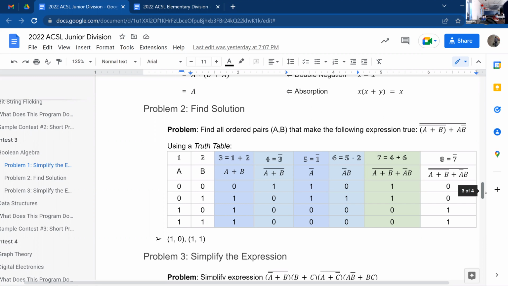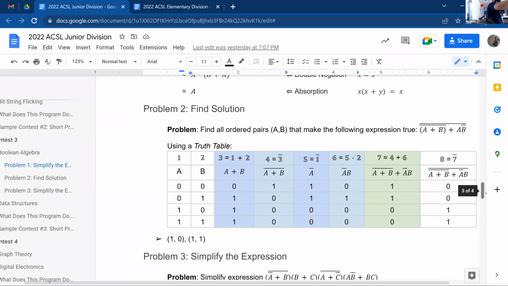They have these possibilities: A could either be false or true, B could either be false or true, 0 or 1. So you have these 4 combinations, basically. Either both of them are false, one is true, or both are true. That's the only possibilities you have with Boolean variables.